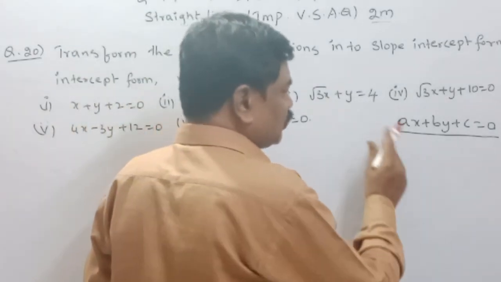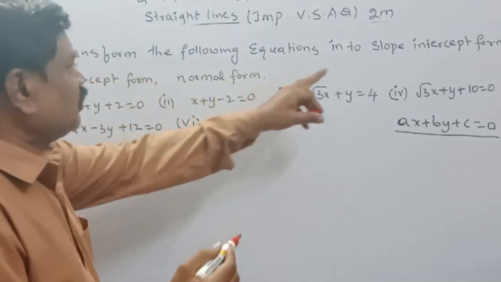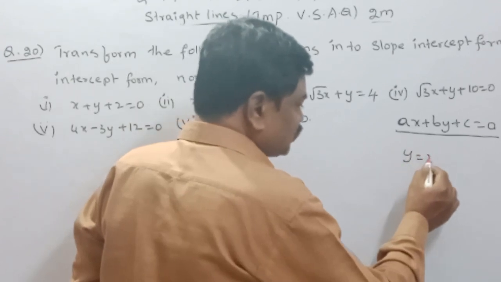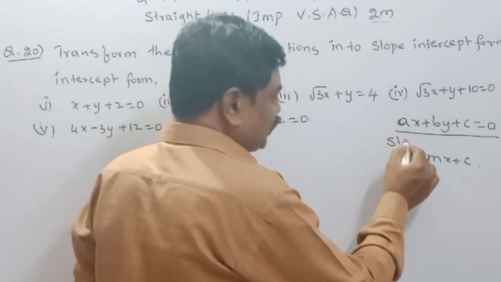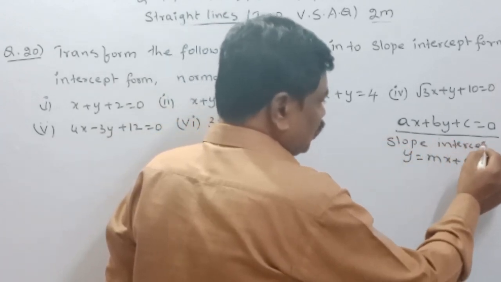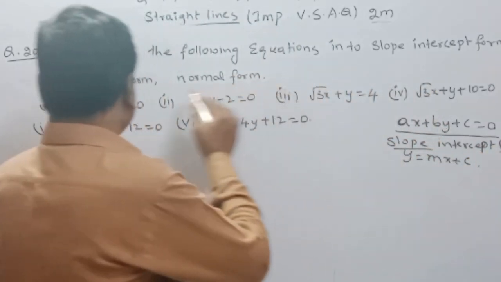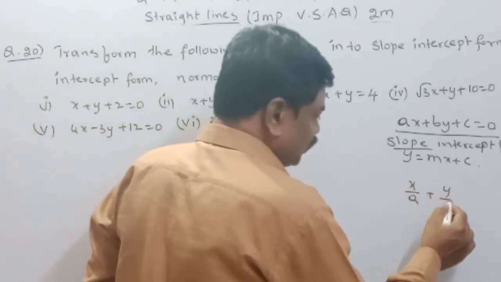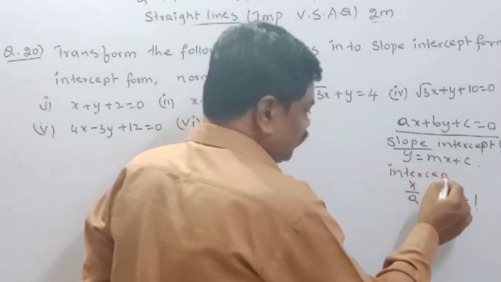What is the first one? Slope intercept form. You can write y is equal to mx plus c. This is the slope intercept form. Second, what is the intercept form? That is x by a plus y by b is equal to 1. This is the intercept form.